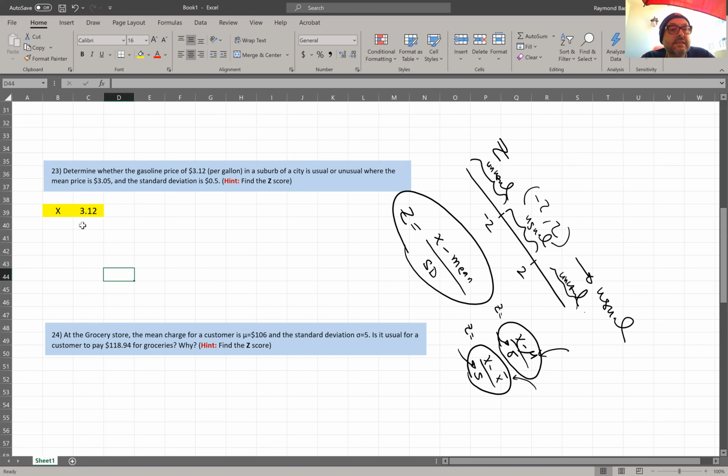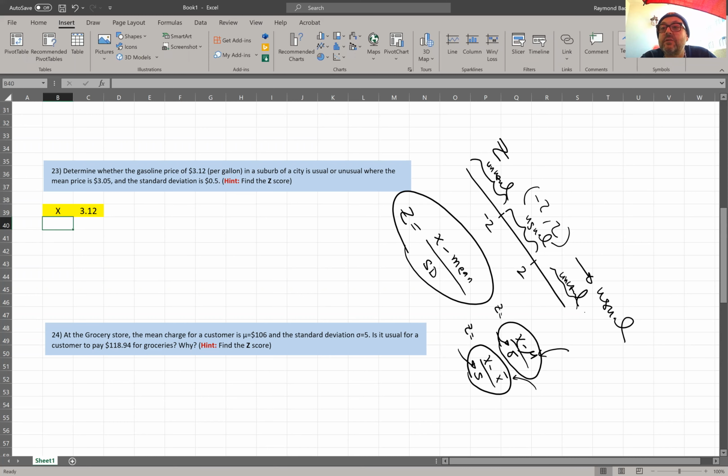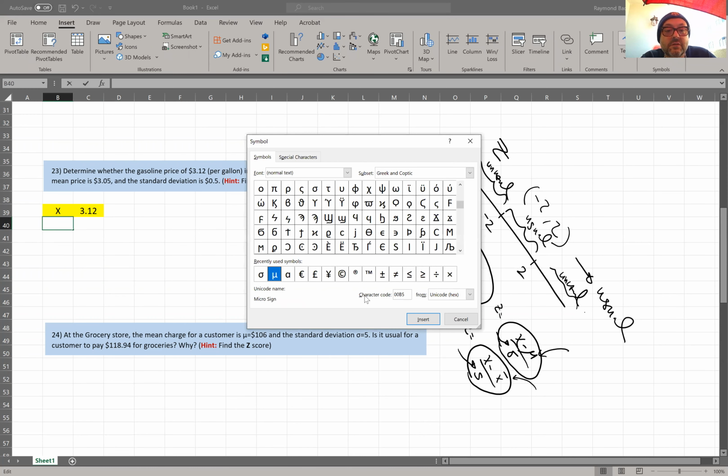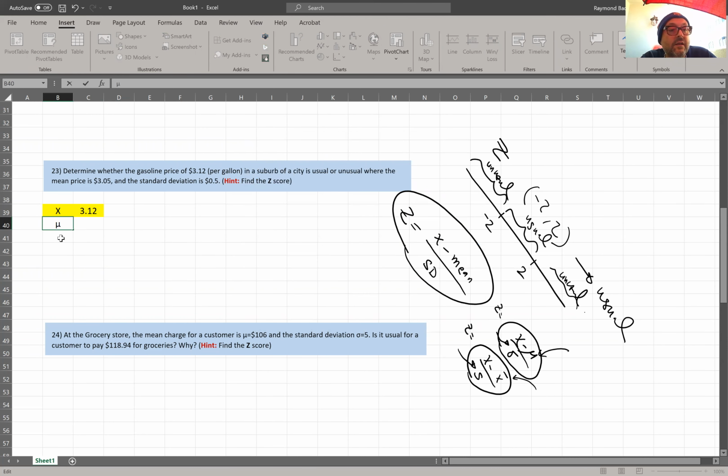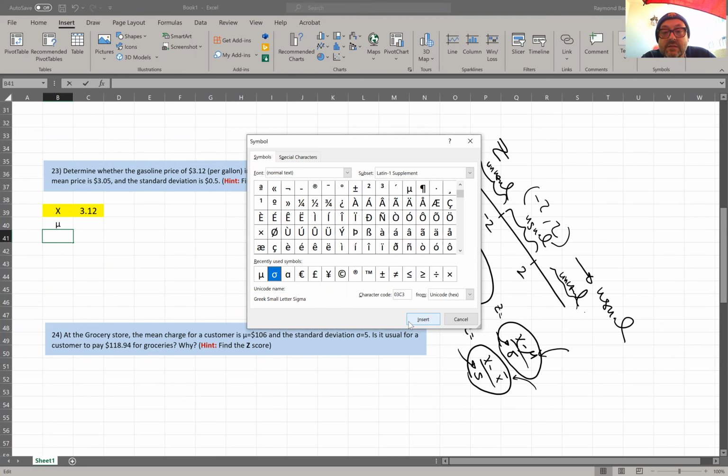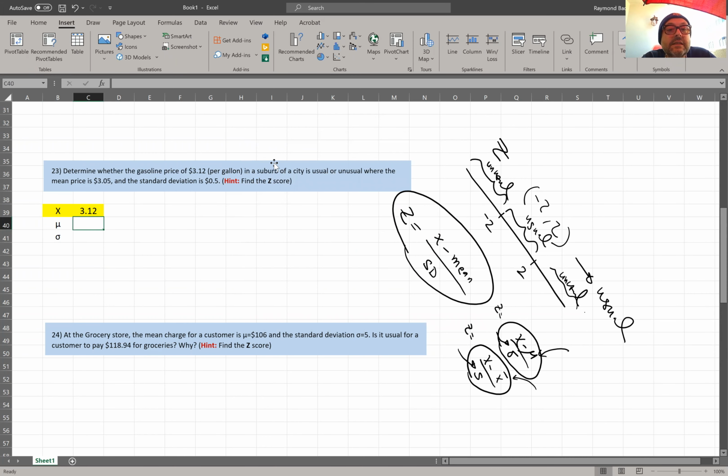All right, so let's see the mean of this population. And again, let's just do it professionally. So there's my mean, and let's insert the standard deviation as well. There's the standard deviation. It says the mean price is 3.05, so 3.05 is the average.